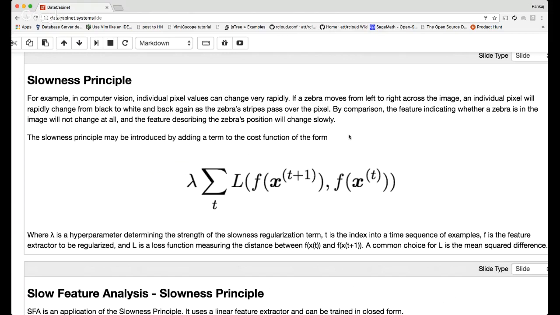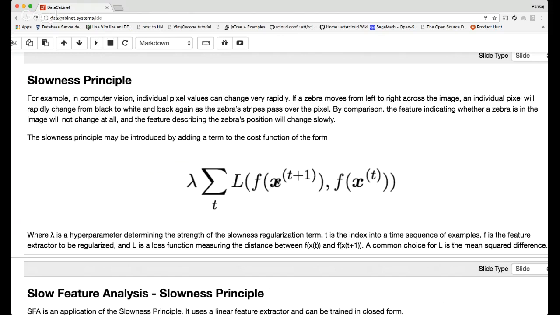So if, for example, you want to put your image into a feature space of the zebra's presence and the zebra's location, what you could do is optimize this loss function.